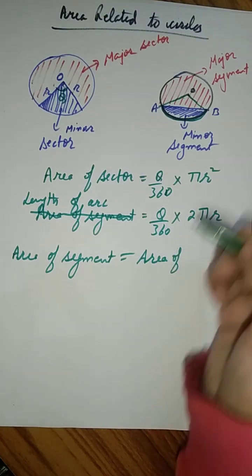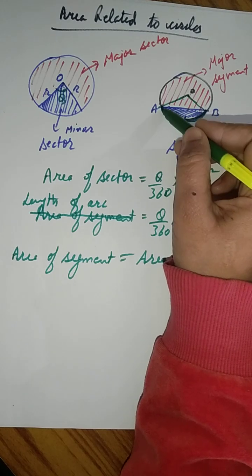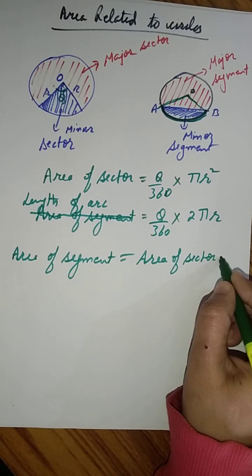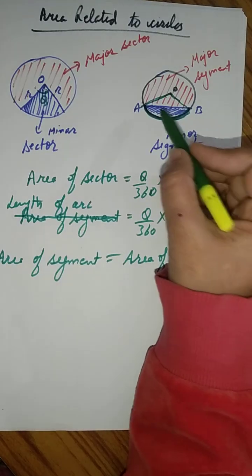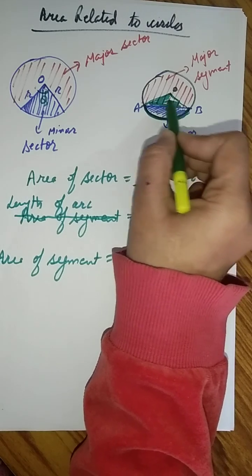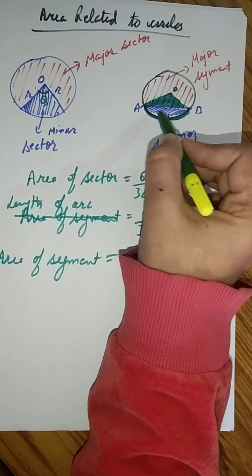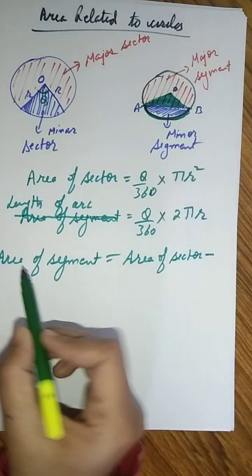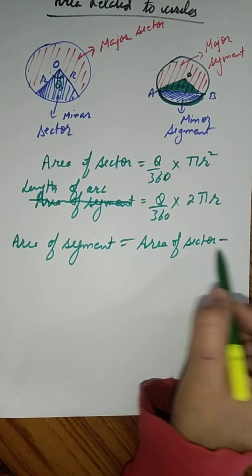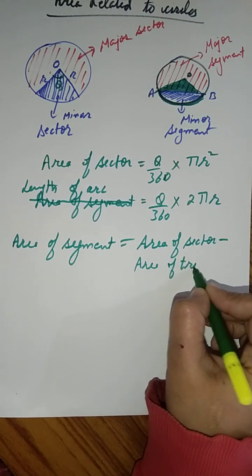Then we first find the area of this full sector, and from it we subtract the area of the triangle. The remaining blue portion will be the area of the segment. So area of segment is equal to area of sector minus area of triangle.